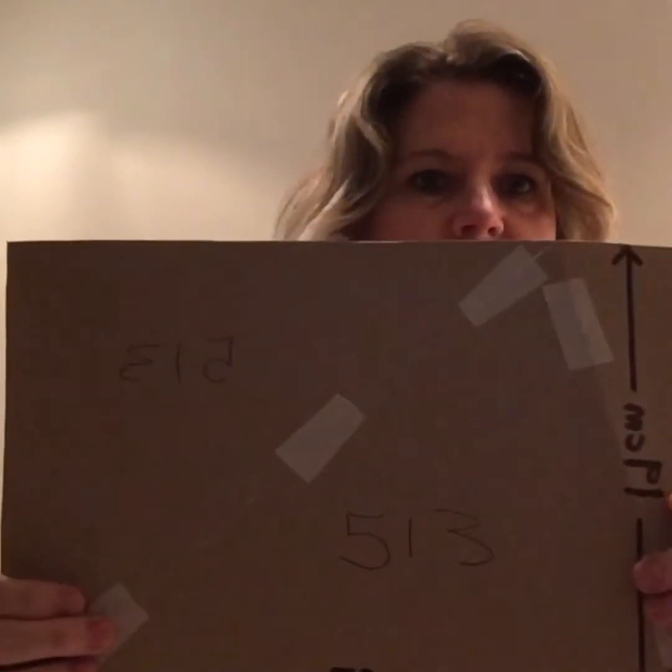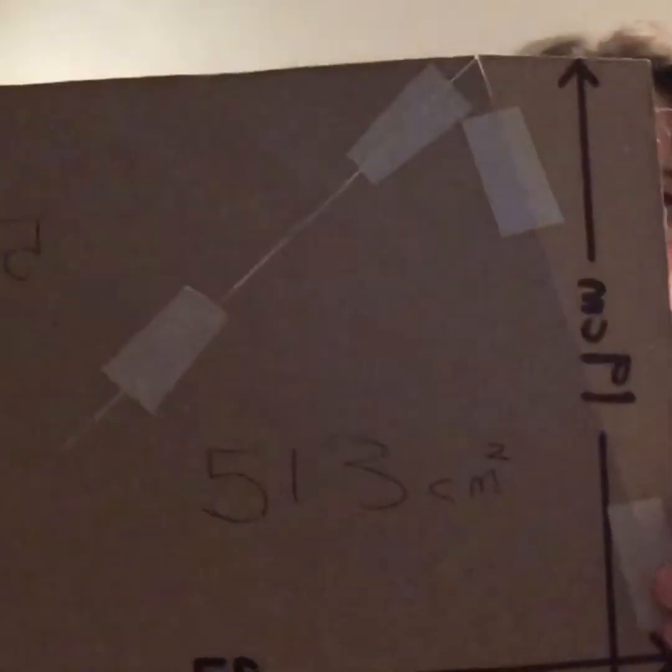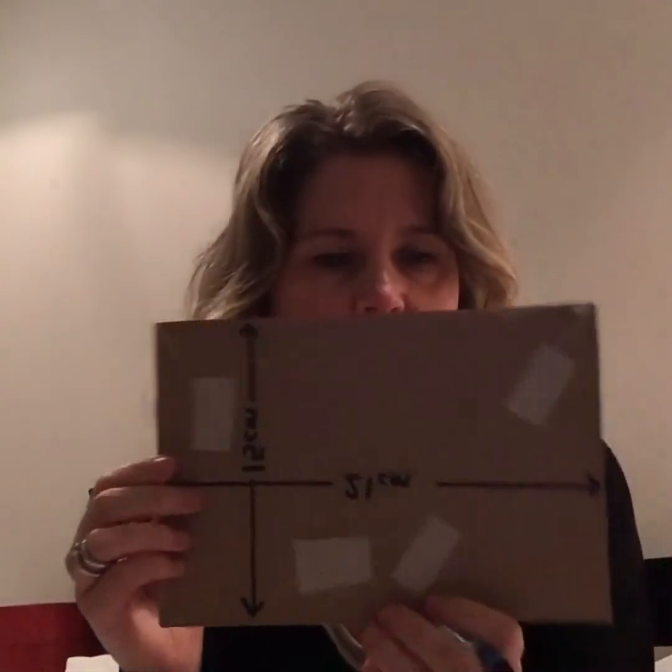Does that look right? There you go. 513 centimeters squared is the area of this rectangular shape. And we would do the same for this one and any other rectangle we have.